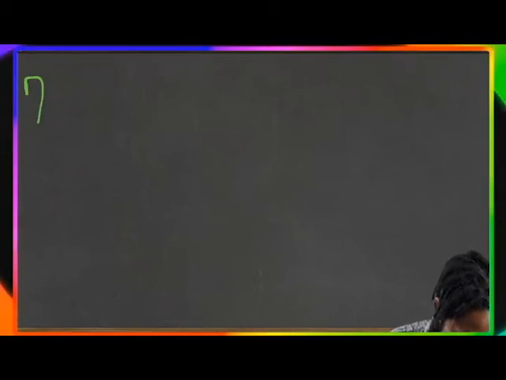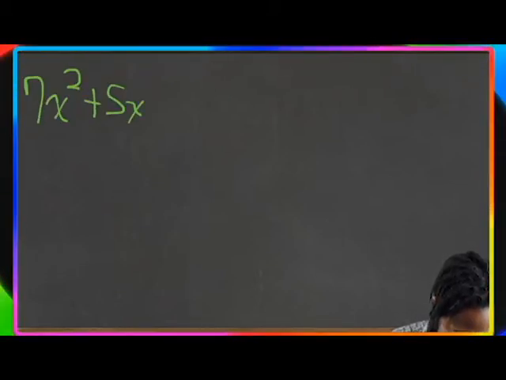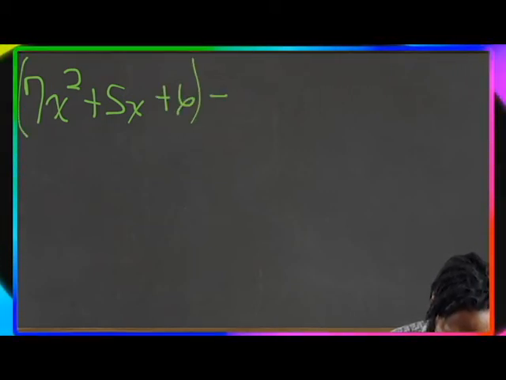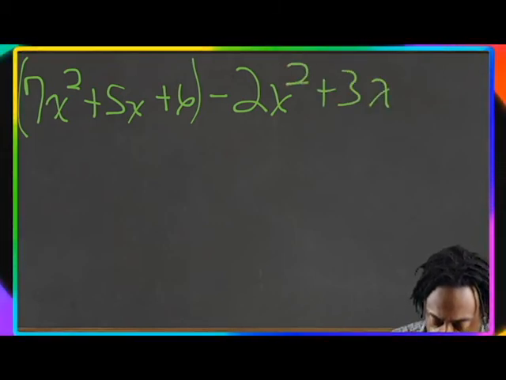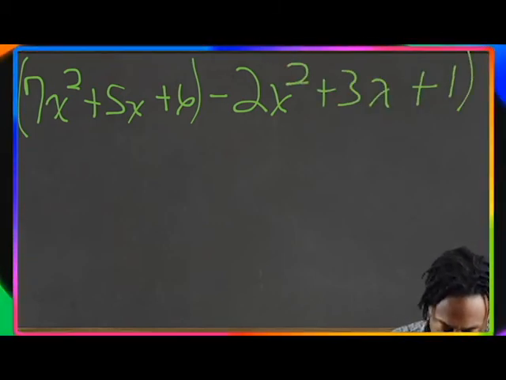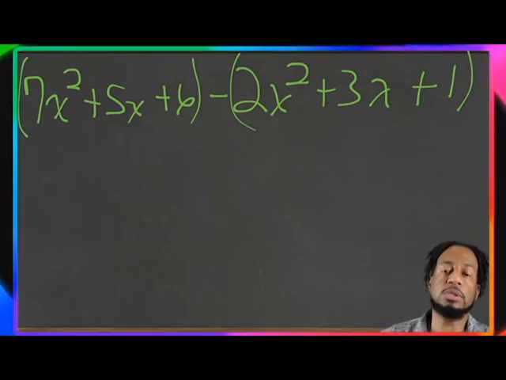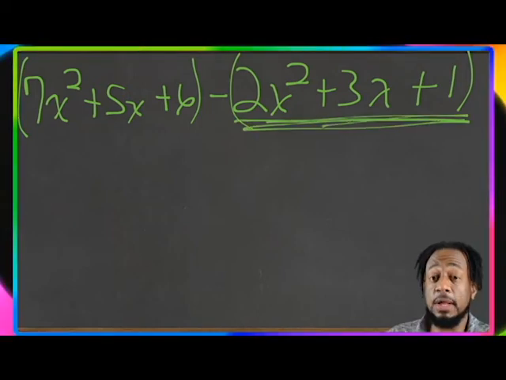So 7x squared plus 5x plus 6, minus the parentheses 2x squared plus 3x plus 1. When you see that negative, what are you going to do? Change the sign of everything on this side and combine like terms.